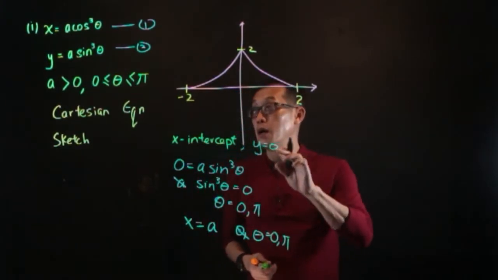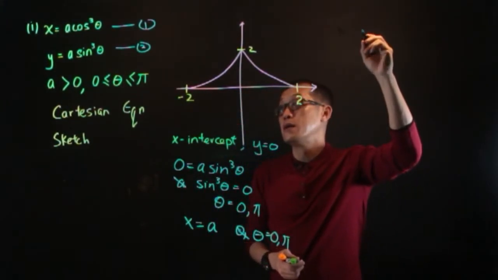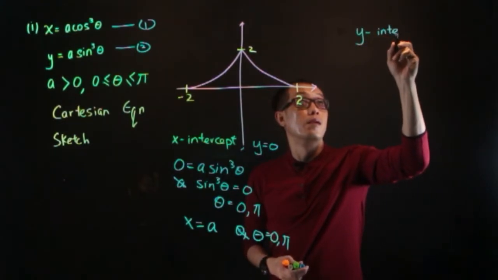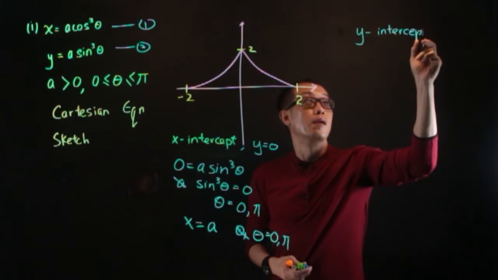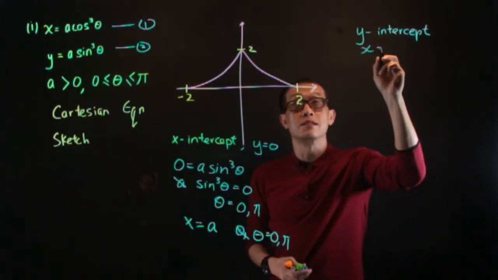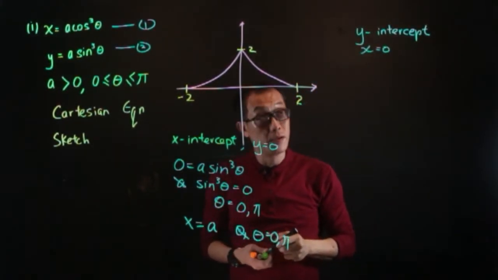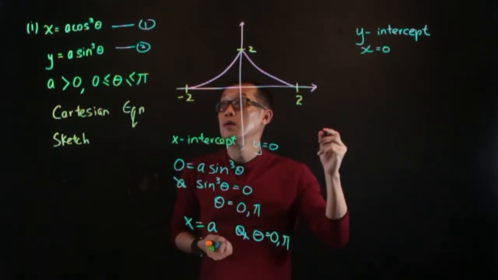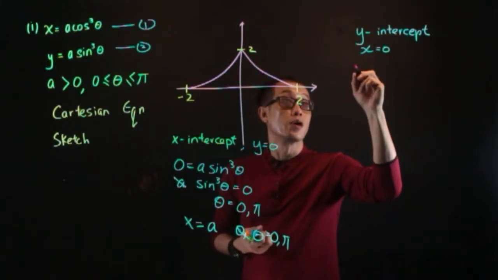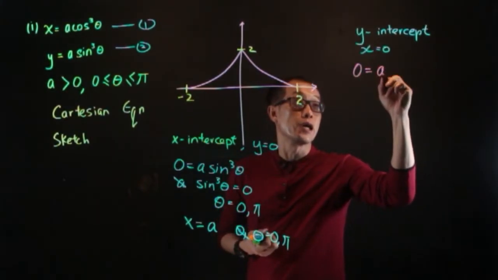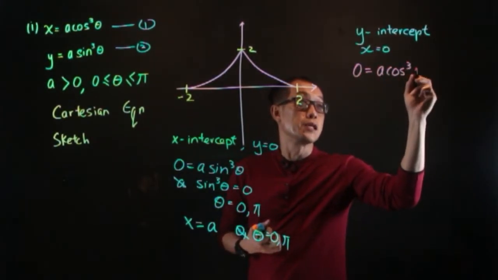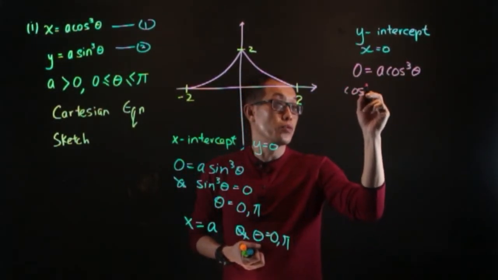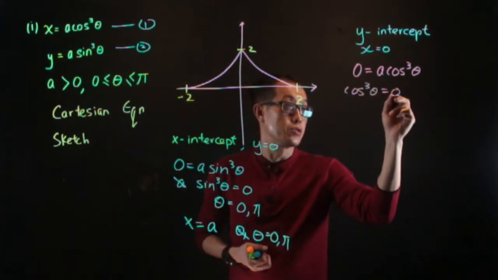Now, how about the y-intercept? For the y-intercept, x equals 0. So you get 0 equals a cos cube theta. a is greater than 0, so cos cube theta equals 0.